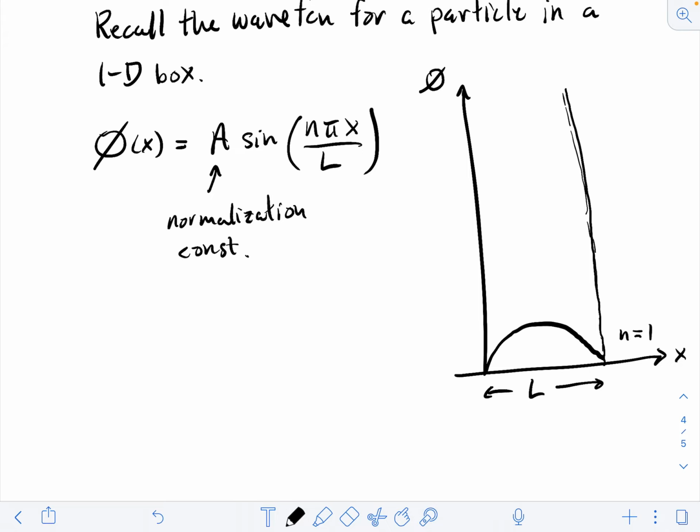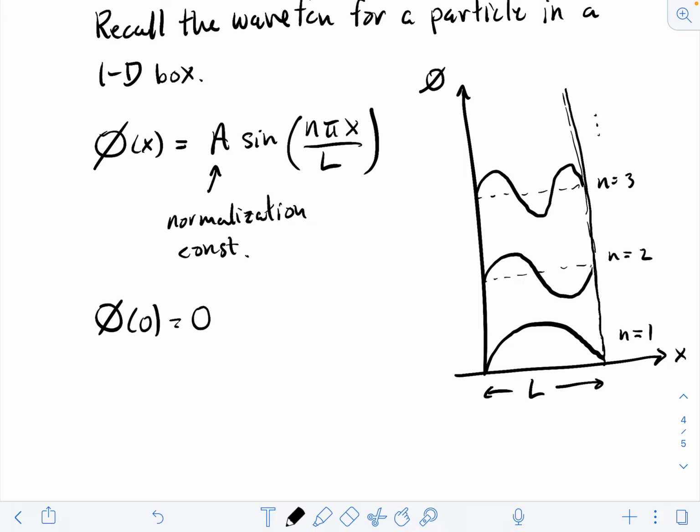So this is going to be the so-called n=1 state. And over here, if we shift up a little bit, there's going to be the n=2 state. And then if we shift up again, we're going to have an n=3 state, and so on. These are the wave functions that satisfy our boundary conditions, that the wave function has to vanish at x=0 and x=L for all the different states.